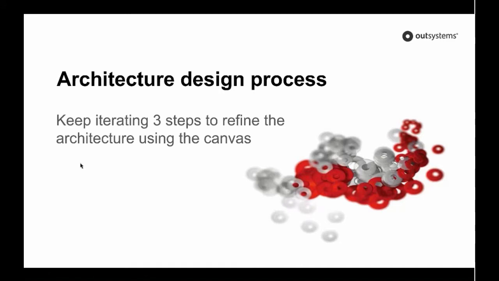And the benefits of this layering will become obvious in the next slides. So the process is composed by 3 steps, and I'm formally introducing 3 steps. Of course, once you understand the steps, it becomes natural, and you stop thinking about steps. You're just doing it naturally, and you iterate among these steps.